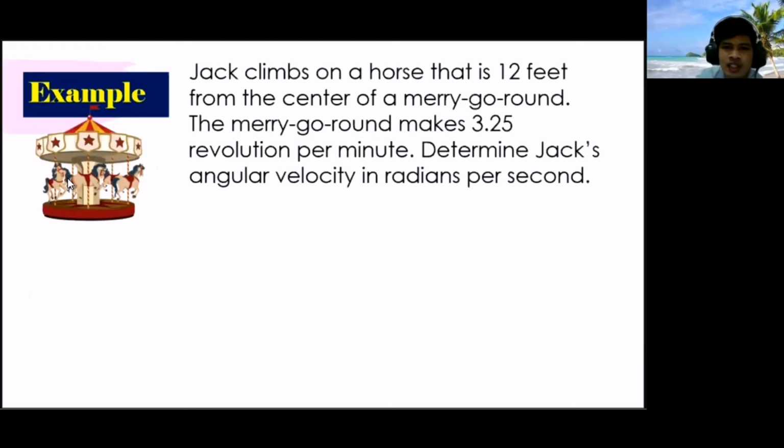Now, you're going to determine Jack's angular velocity in radians per second. Because we have here already the angular velocity, 3.25 revolutions per minute, the question here is that you will just convert this to radians per second. Let's try to answer that on the chat box.